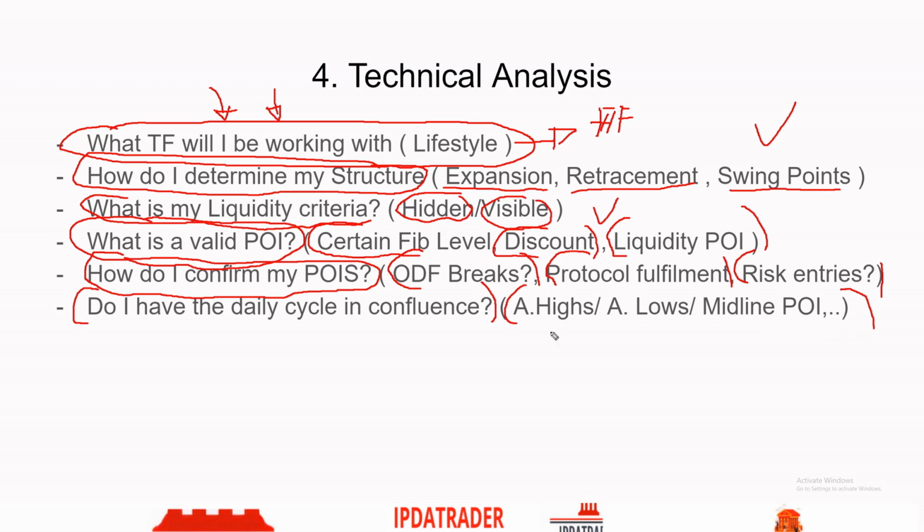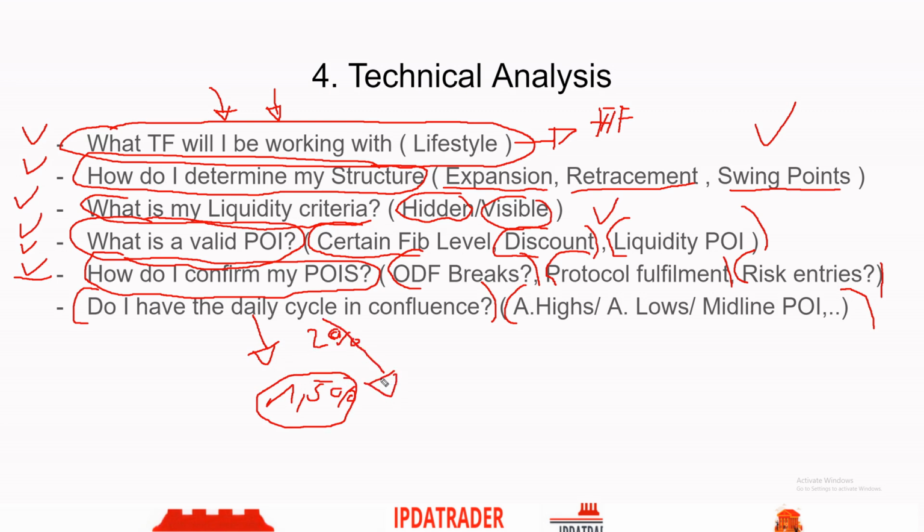You can say, for example, every time all my criterias are met, and then it happens that the daily cycle is also in confluence, meaning I'm looking for sells and the daily cycle is suggesting sells as well, I can use a little bit of a higher risk. Let's say you decide you want to have a 2% risk per day. Let's say you want to use a 1.5% risk on that particular position because you have the daily cycle information pointing in the same direction as all of these different criterias over here.